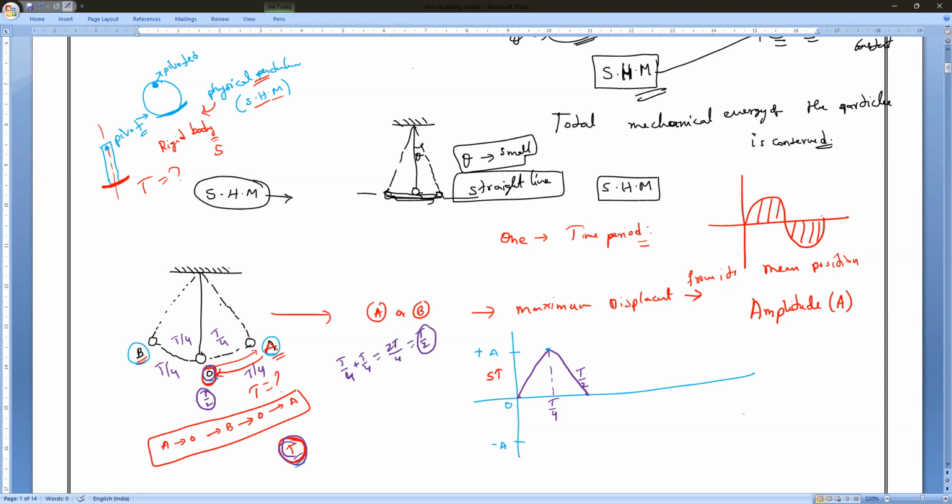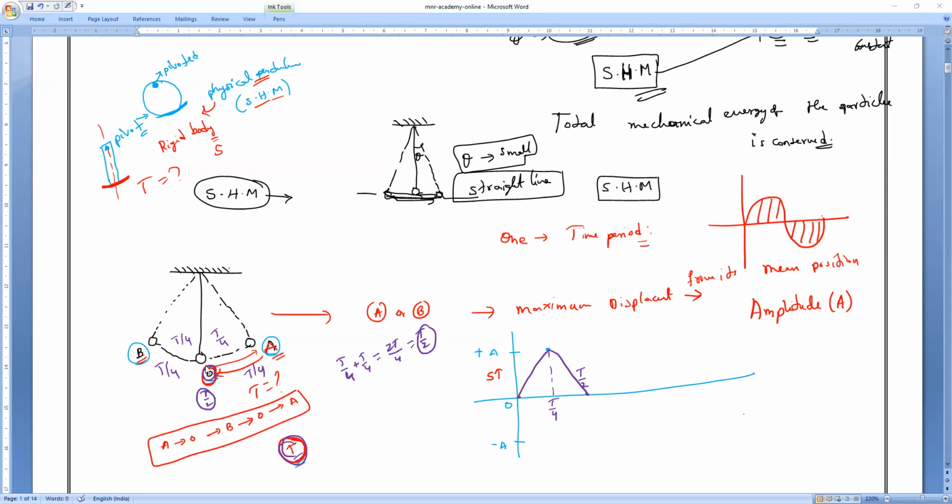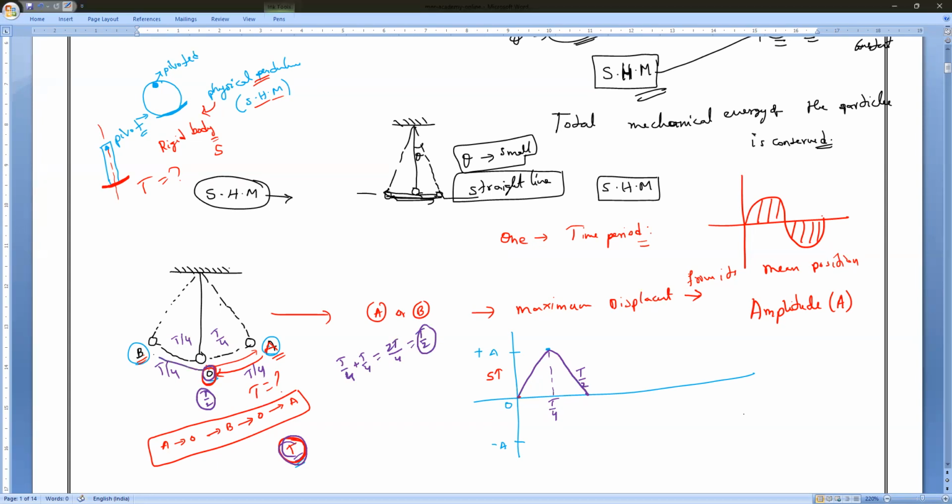Please respond. Now, again it is going O to B. O to B means again T by 4 added. So T by 2 plus T by 4, how much is it, everybody? Again you add T by 4. So 3T by 4. When it becomes 3T by 4, Bob is at what point?